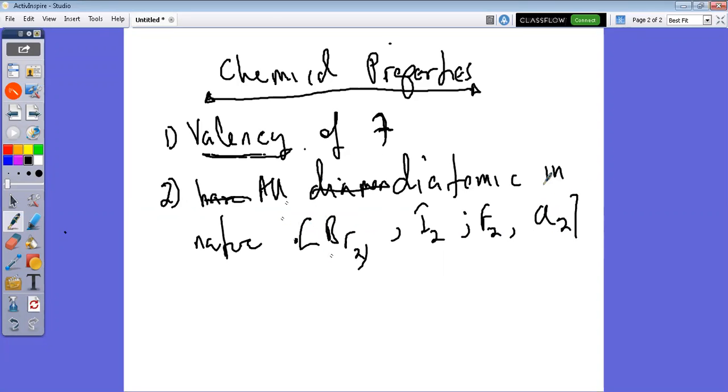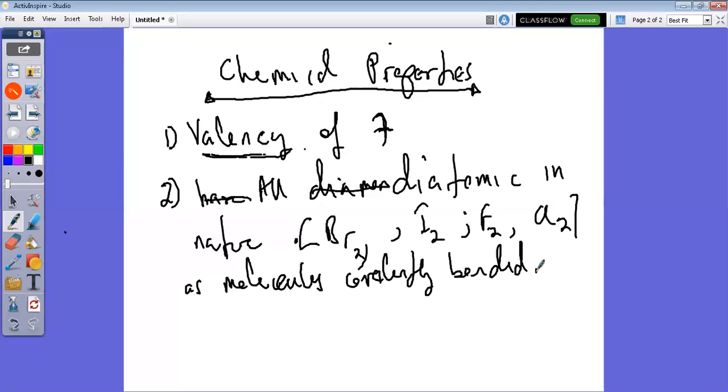We're saying they are diatomic in nature. They exist as molecules, covalently bonded together. Happy, are you there? Yes, sir. Okay, so that's your chemistry. They always exist like this.